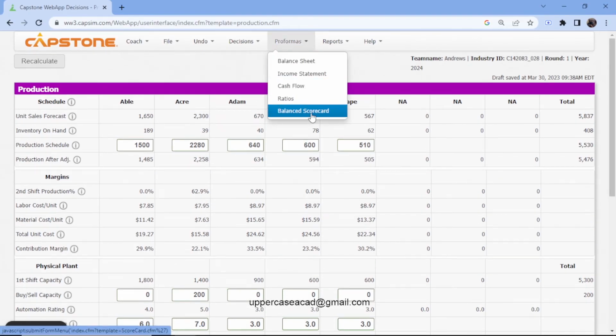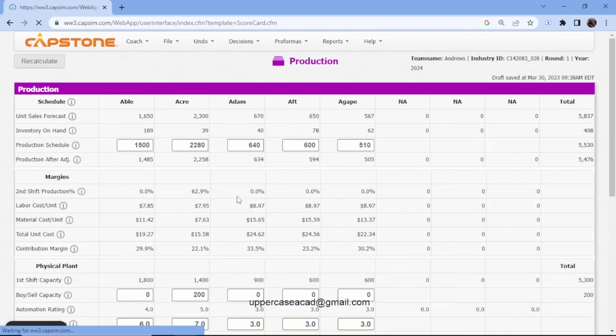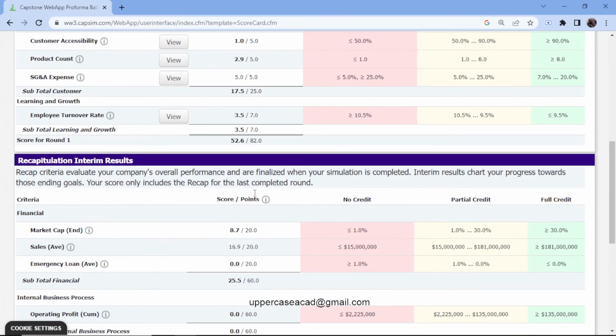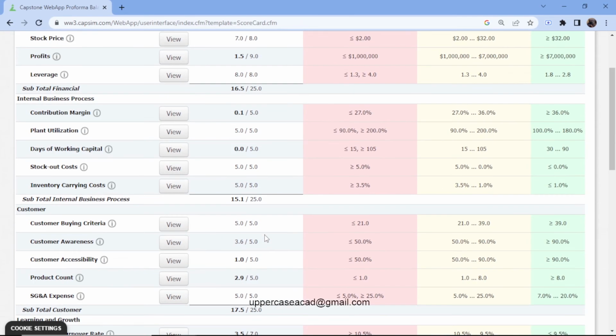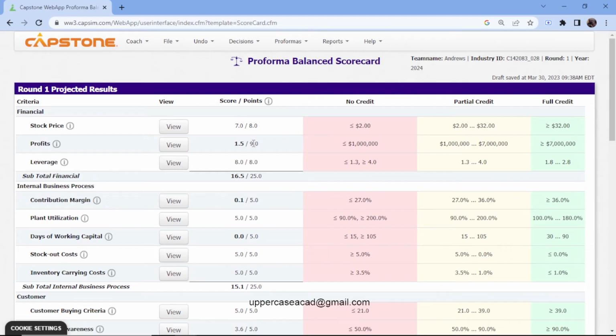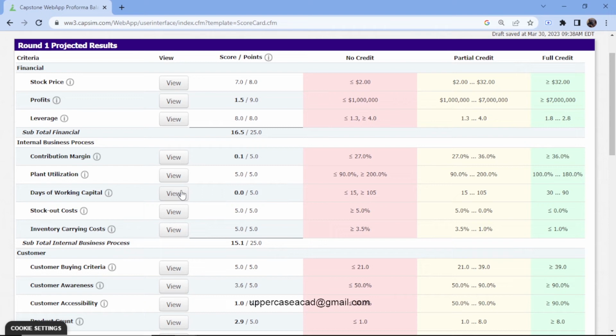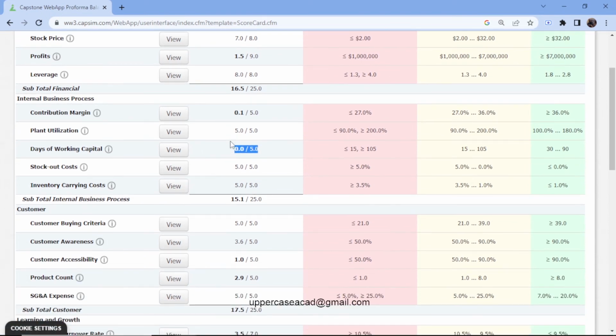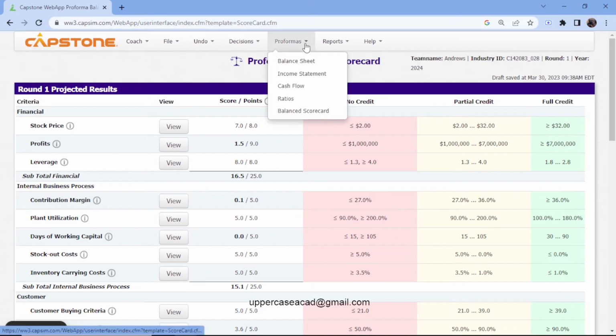So if I check at my balanced scorecard, I have a balanced scorecard of 52.6. Here my stock price is 1.5 out of 9. So days of working capital and leverage, before you make any decision in your finance, you have to look at your balanced scorecard, then the ratios.